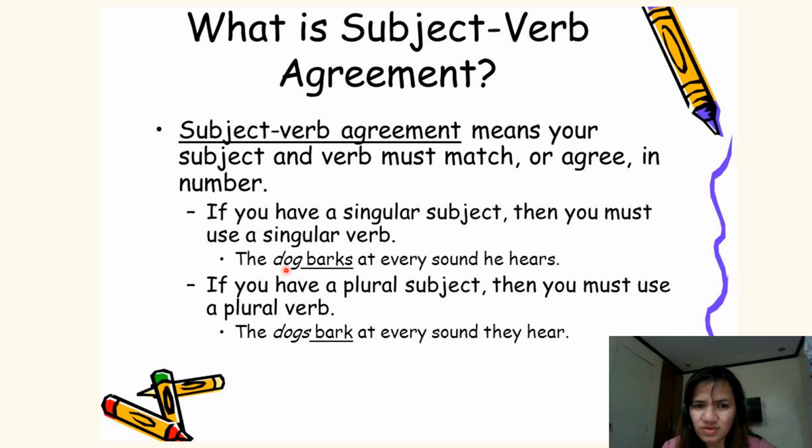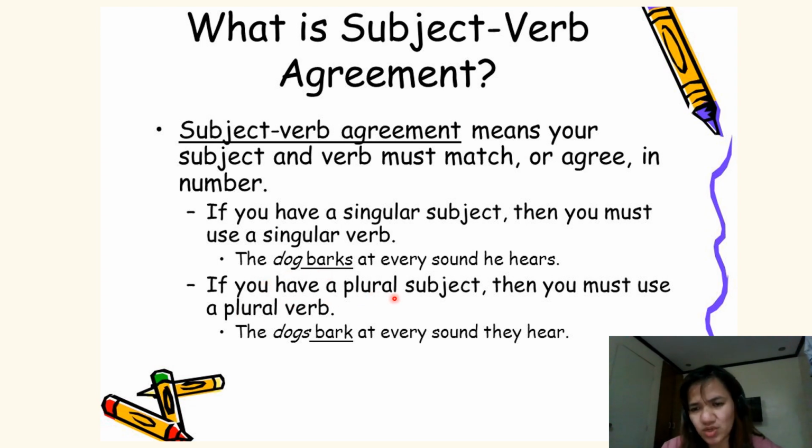The dog, take a look at this: singular subject, dog, barks at every sound he hears. So your subject here is dog. That's why you have to use a singular verb. The verb ends with S, or add S, if your subject is singular.